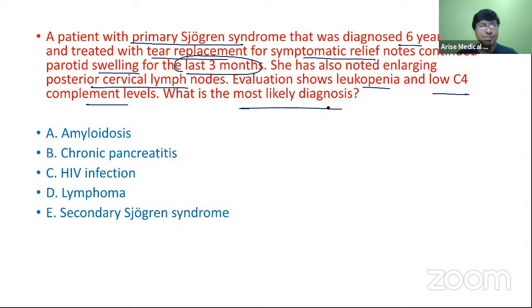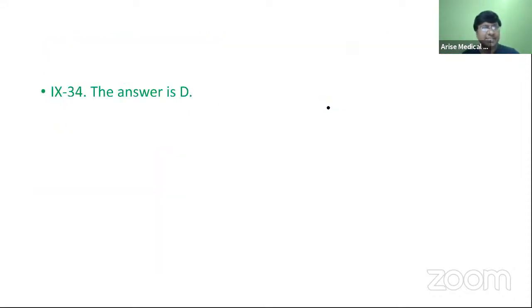Evaluation shows leukopenia and low C4 complement levels. The patient is having primary Sjogren syndrome, but no, this patient is having lymphoma.